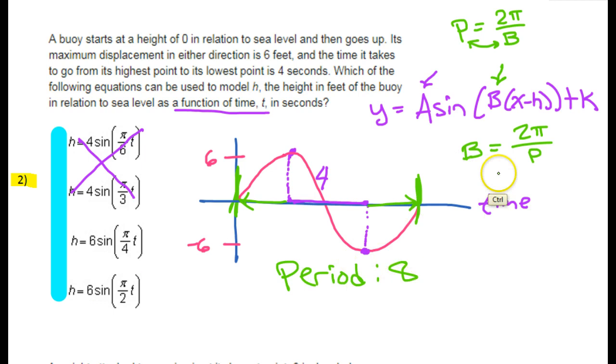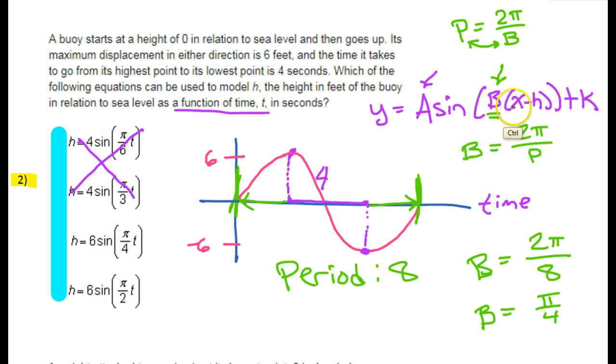In this case the period is 8, so the b value is 2 pi divided by 8. Simplifying, the b value is pi over 4. So there should be a pi over 4 in front of the variables right here.